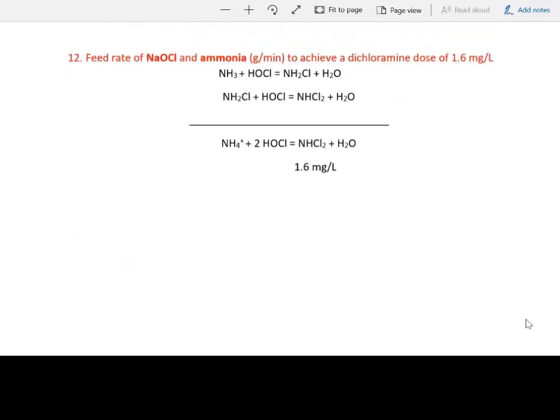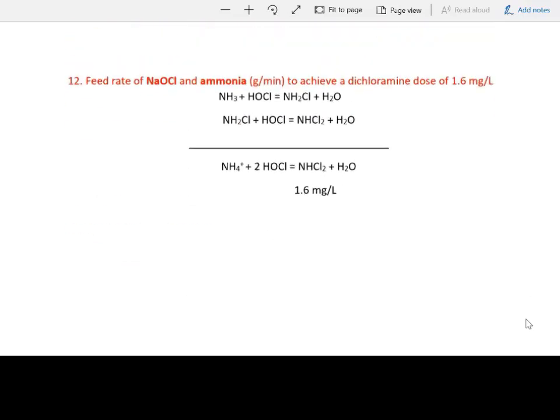The last part that I asked you to calculate was the feed rate of sodium chloride and ammonia. And in this case, you're asked to determine a dichloramine dose of 1.6 milligrams per liter.